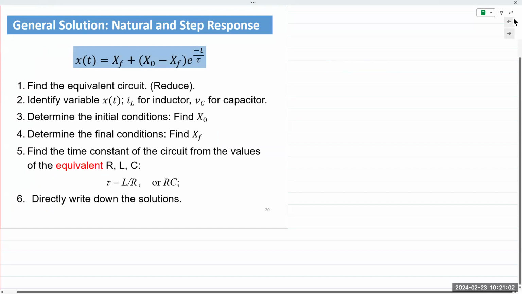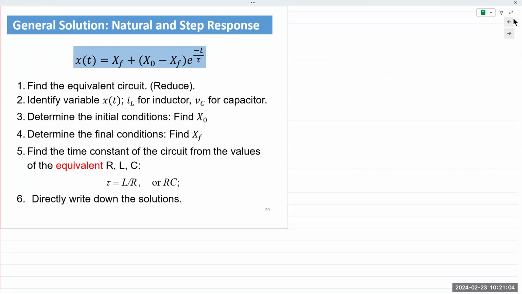The general solution can be written as x of t is xf plus x0 minus xf times e raised to minus t over tau, where x, the variable, can represent both voltage as well as current.